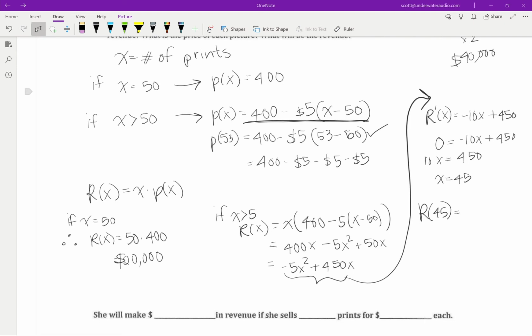Oops, my calculator's having a really hard time with this. Okay, we'll do this in steps. R of 45 would be -5 times 45 squared plus 450 times 45. Like I said, we'll do it in steps so that my calculator doesn't freak out.